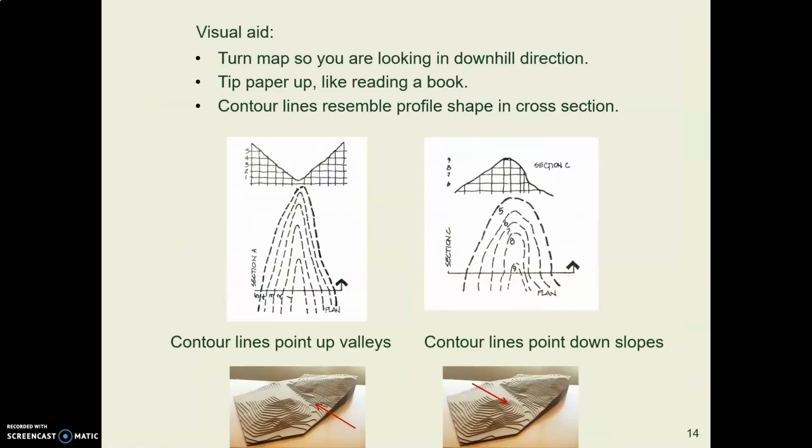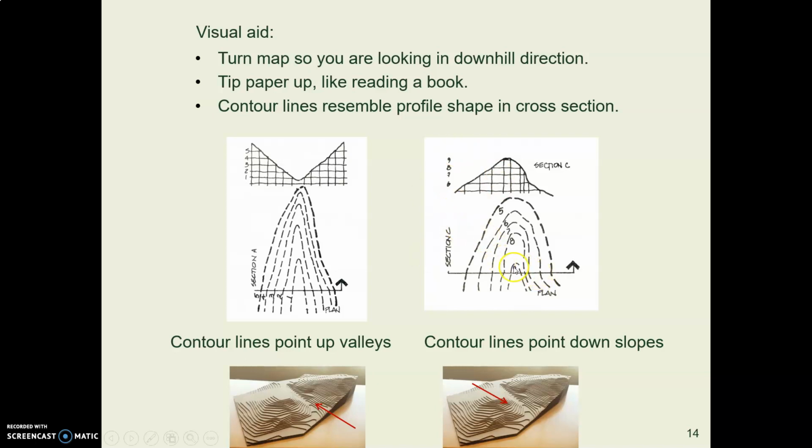And a handy trick for visualizing whether you're looking at a valley or a ridge and whether it's pointing uphill or downslope is take your topo map, your plan, like let's look at this one here, and take the piece of paper, if it's on a piece of paper, and turn it so that you are looking downhill.